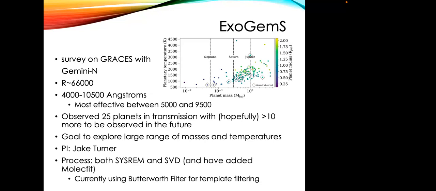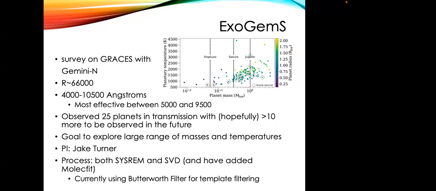that we've dubbed Exogems, a survey on Gemini North with GRACES. What's cool about GRACES is that it goes further red than a lot of optical spectrographs, going out to past 10,000 angstroms, actually. But it's useful in the red, where stuff like HARPS and ESPRESSO get cut off shorter than that.